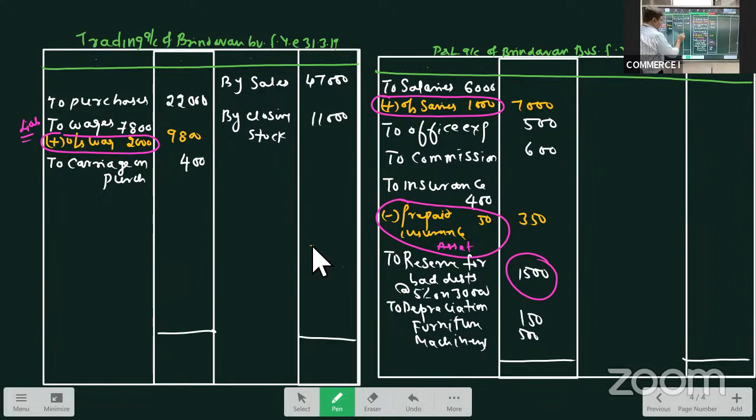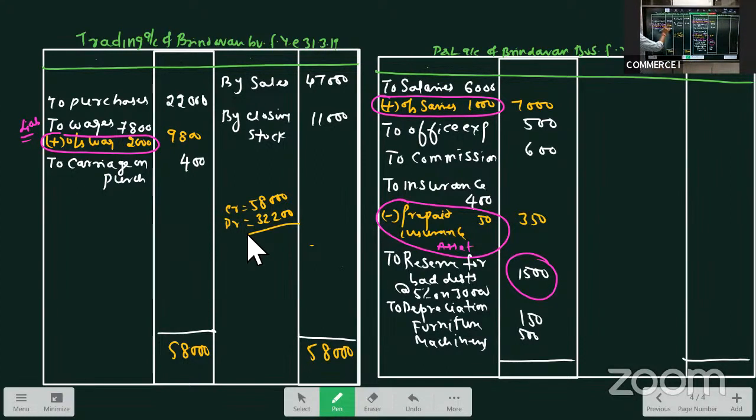Credit side total is 58,000. Then on the debit side, you see 22,31,32,200. 32,200. 4821.